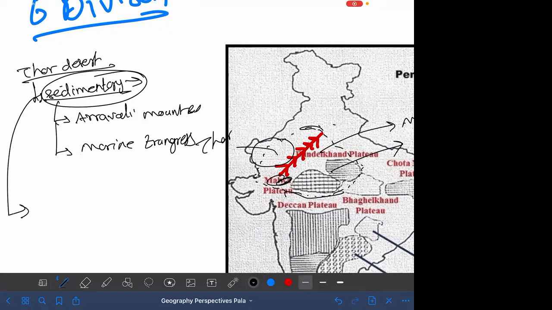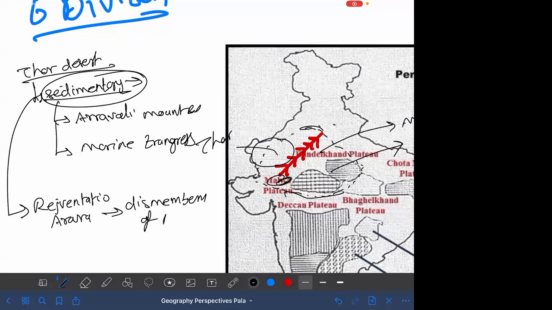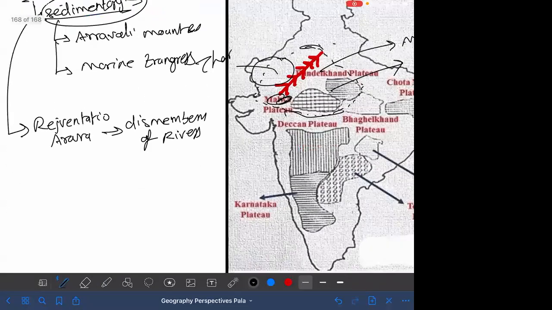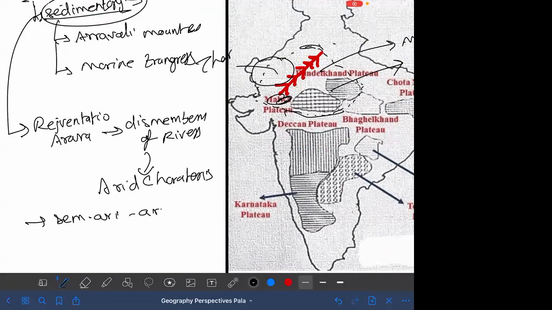Now if you look at some of the properties there, obviously the rejuvenation of Aravalli has led to the dismemberment of rivers, and that has given it arid characteristics. So it's a semi-arid to arid landscape dominated by Aeolian processes. What does Aeolian process mean? It is wind erosion.